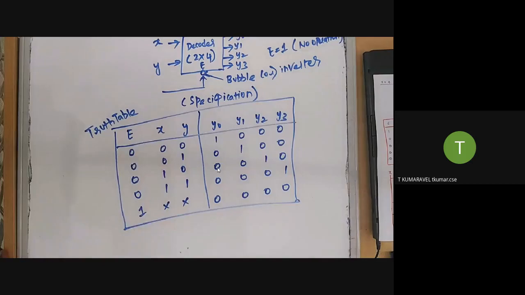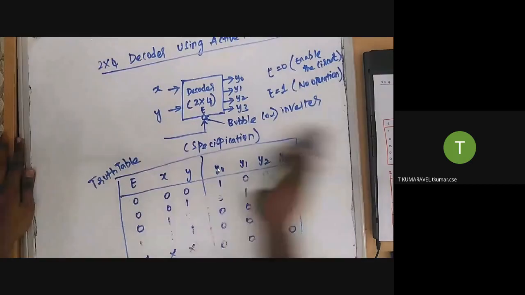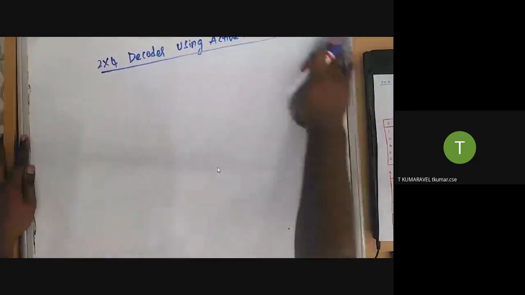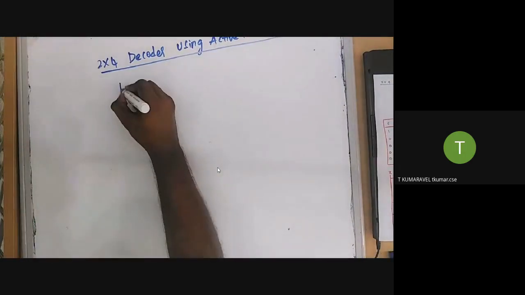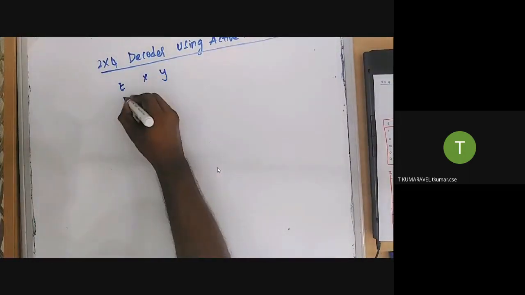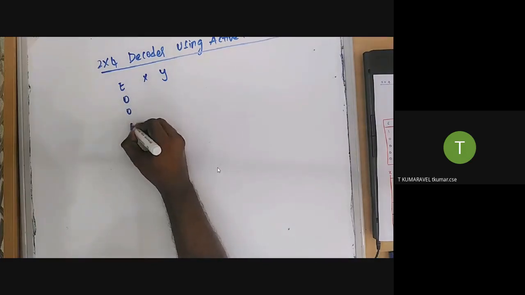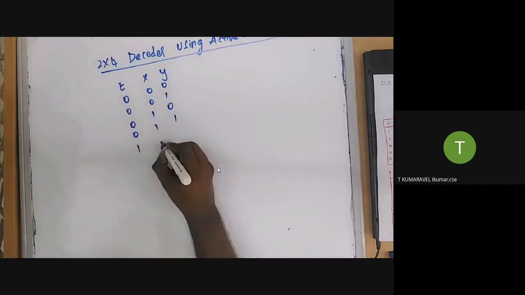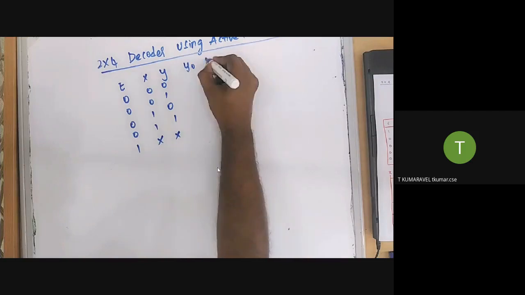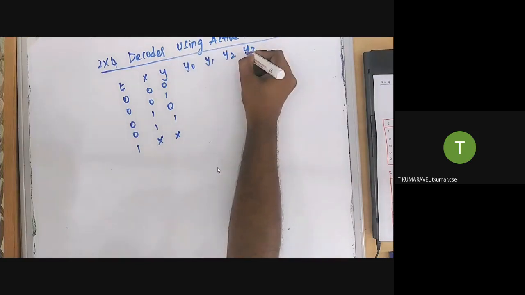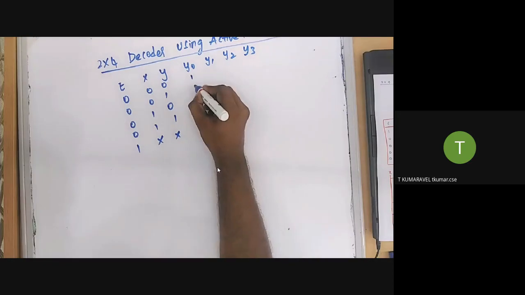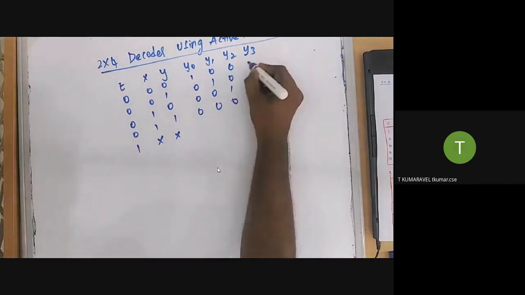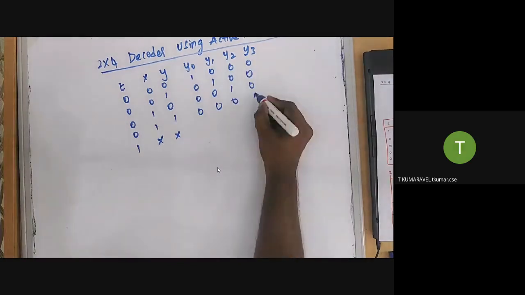How do you draw that? This is the truth table, with inputs 0 0 0, 0 0 1, up to 1 1 1. The outputs are Y0, Y1, Y2, Y3, with a single 1 in each row: 1 0 0 0, 0 1 0 0, 0 0 1 0, 0 0 0 1.